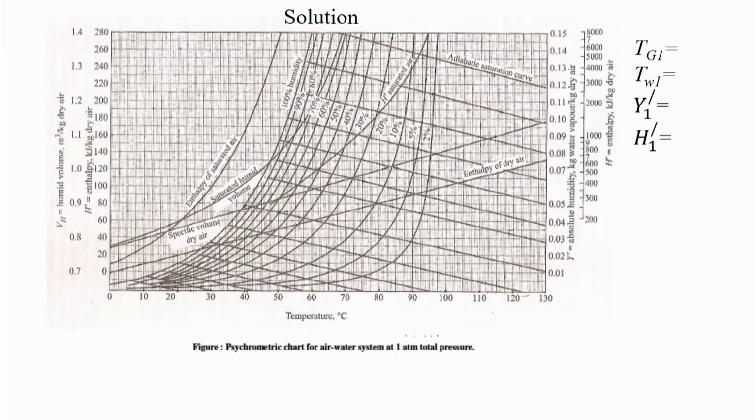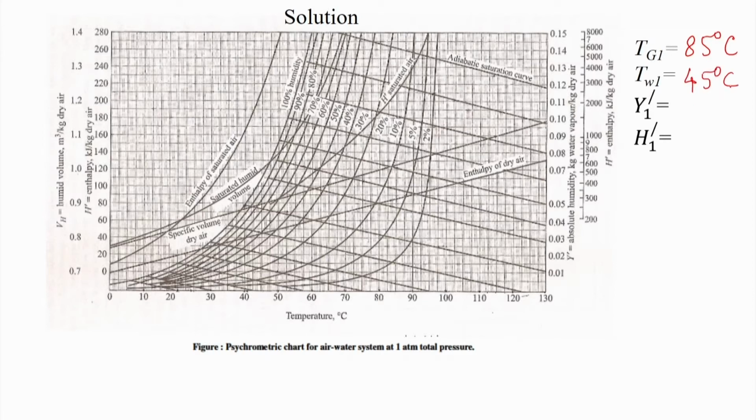First of all, we need to find the relative humidity and enthalpy values for the given problem. Say Tg1 is 85 degree Celsius, given in the problem, and Tw1 is 45 degree Celsius.